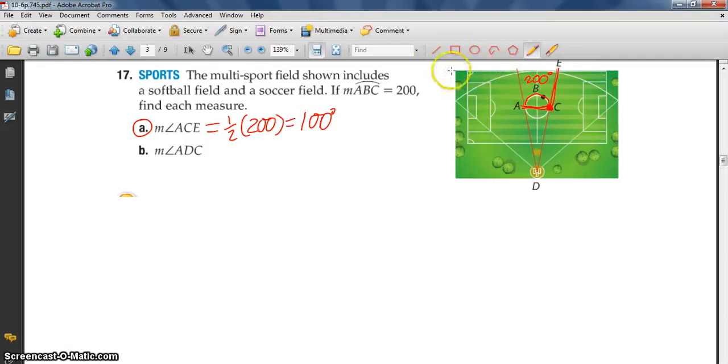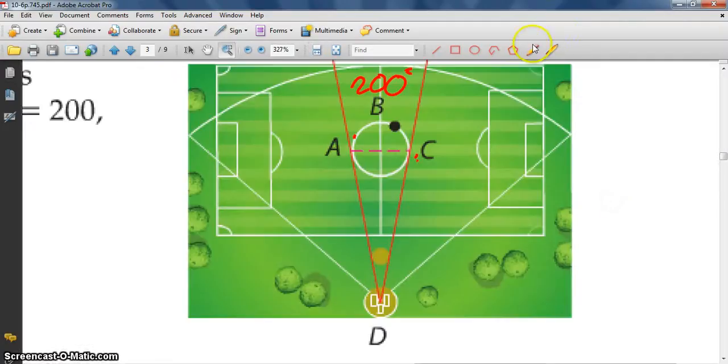Now, for the second part, we want to find ADC. So in order to do this problem, ADC, tangent line meeting here, tangent line meeting at that same point. Notice where the vertex of this angle is.